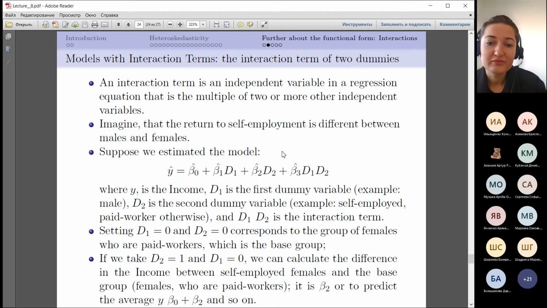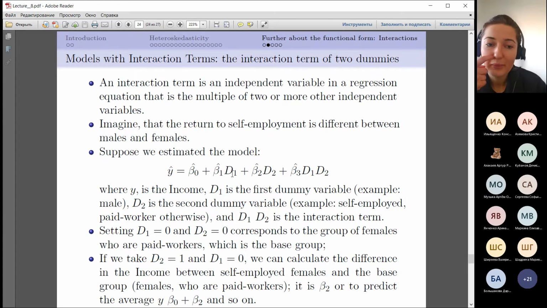So you want to assess such a model where the dependent variable is the income, and you have several explanatory variables as dummy variables. The first one here, D1, is the first dummy variable.